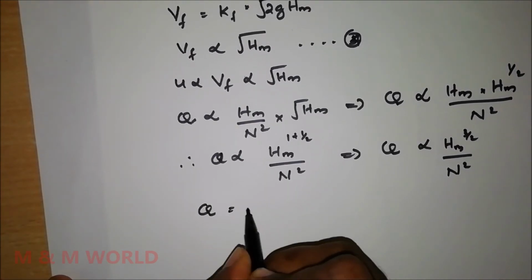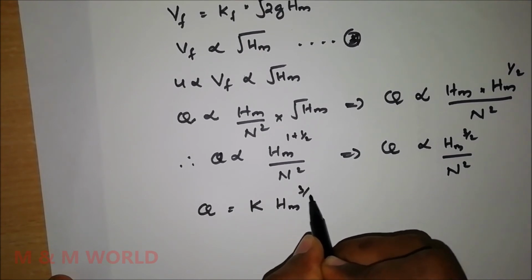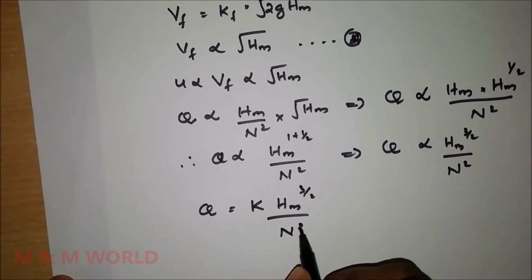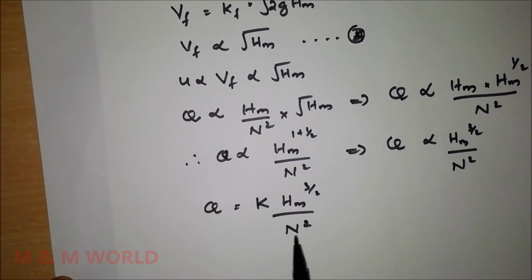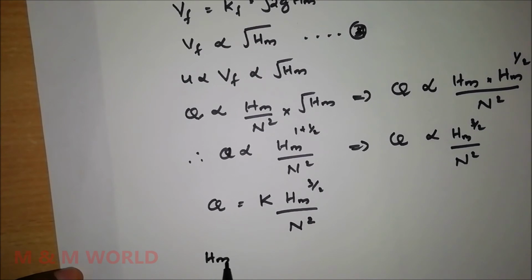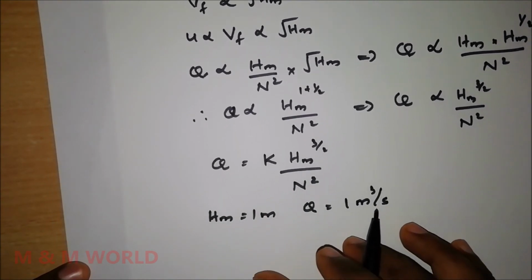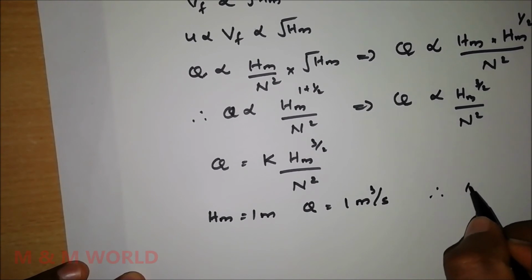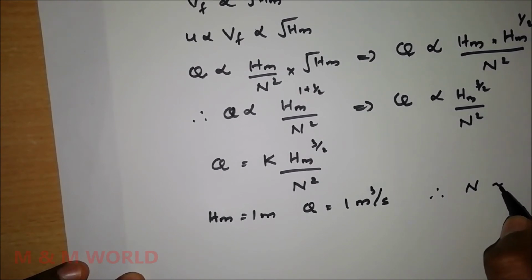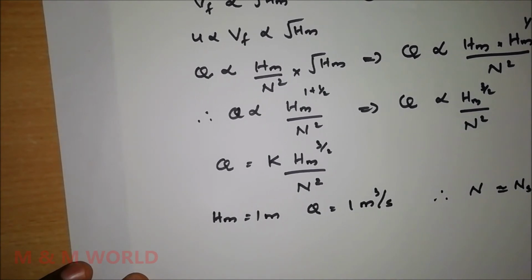Q is equal to a constant K into Hm raised to 3 by 2 by N square, where K is a constant of proportionality. And if Hm is equal to 1 meter and Q is equal to 1 meter cube per second, then N becomes Ns.